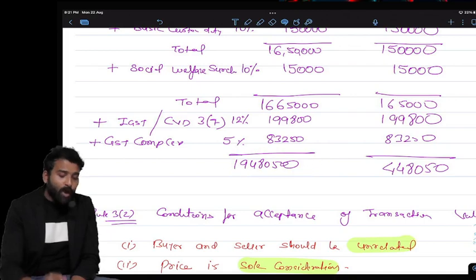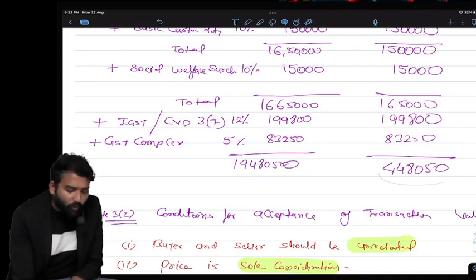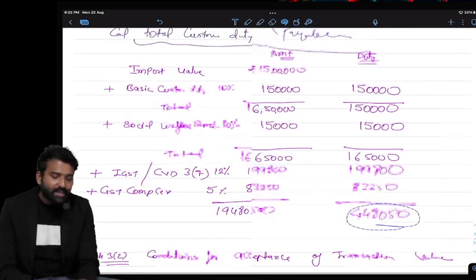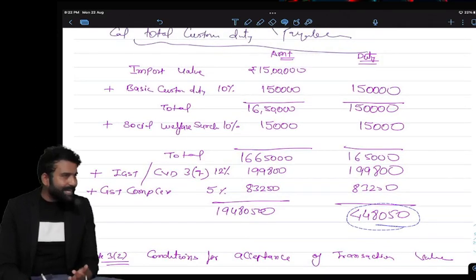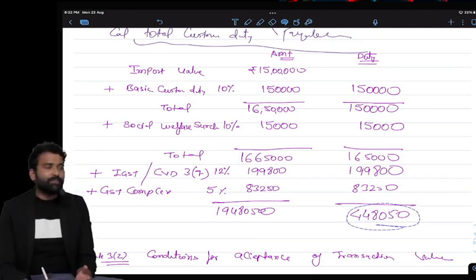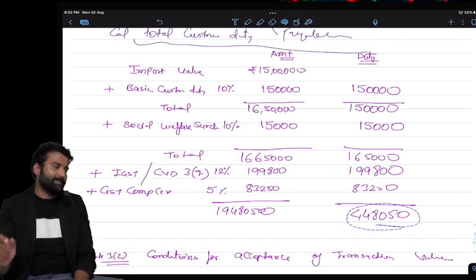How much is the custom duty payable? 4,48,050. So this is how we will be calculating the custom duties. We will add basic custom duty, we will add SWS, we will add IGST called 3.7, and I will also add GST compensation cess called 3.9. So this is how we will calculate the total custom duties. Clear?